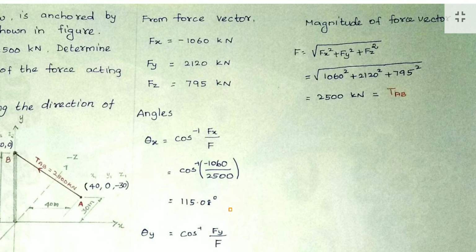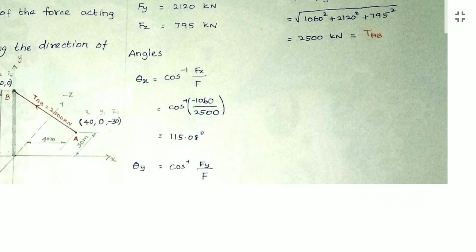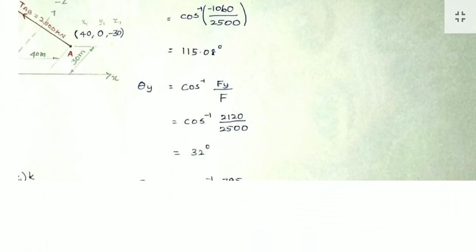If you do not put the minus, it will be in the first quadrant and show something like 68, which will be a wrong answer. So if it is minus, put the minus in the calculator, then we get the correct theta x.